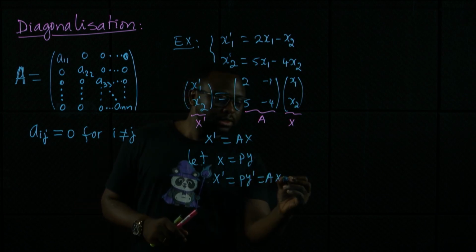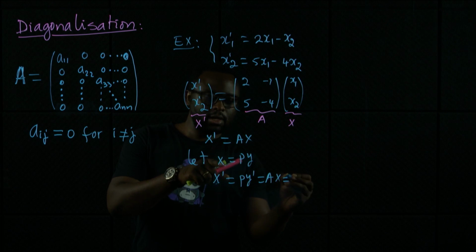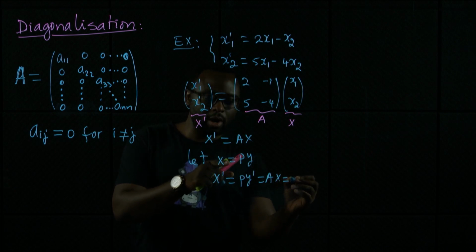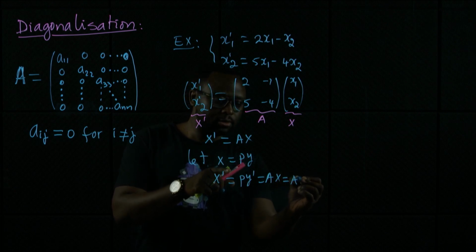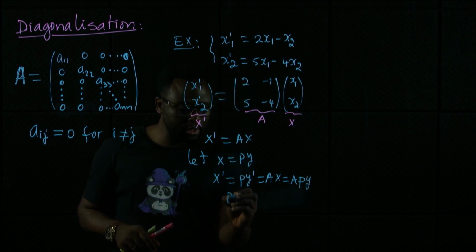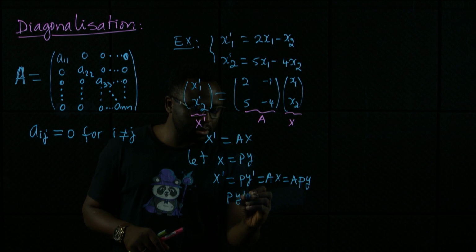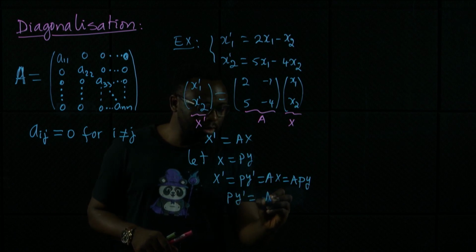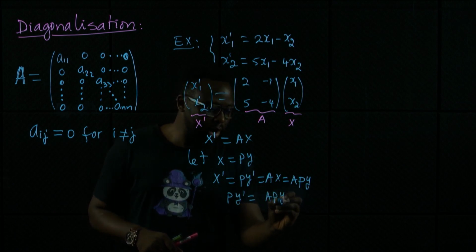If we substitute x here and only remain with y, this is A times P times y. So basically we have P y prime is equal to A times P times y.